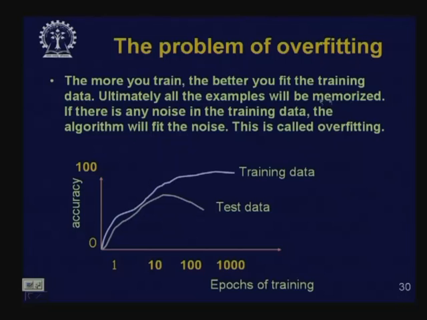Because the more you train, the better you fit the training data. Ultimately, all the examples might be memorized. The data that you get may not be pure data, there may be noise in the data. For example, suppose the color of an apple is green, it might appear as yellow. So, if you try to fit in the noise in the training data, the algorithm will overfit the training data and work very well on the training data, but it will not work well on the test data.